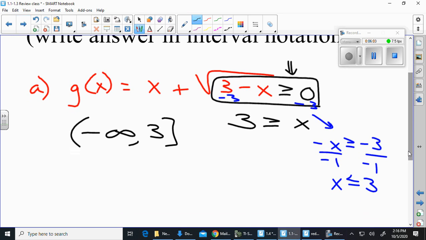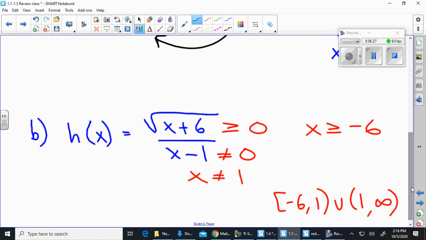So from there, I got x is less than or equal to 3. If you think of a line, that means all that stuff. How does all that stuff get written in interval notation? The only x's that will work are the ones below 3 and including 3.